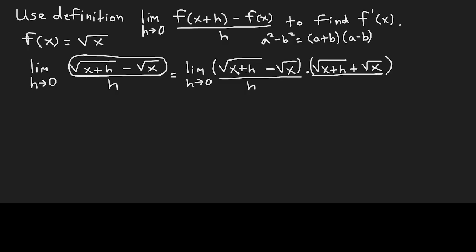You can see that your a is the square root of x plus h in this case, and your b is the square root of x. You have the exact same terms, just with different signs. And then we multiply this same term, square root of x plus h plus square root of x, on the bottom as well.